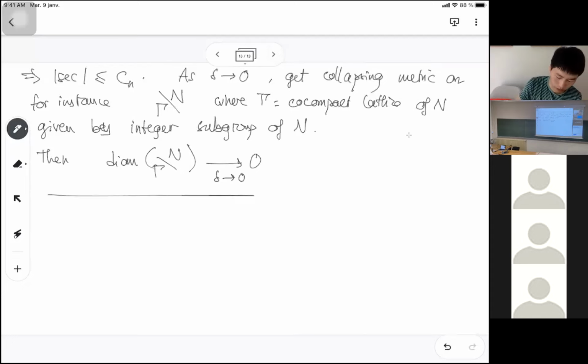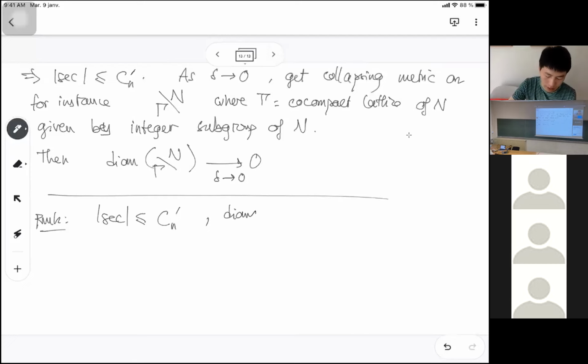So the sectional curvature is bounded by, say, a dimensional constant, and the diameter is going to 0. Such a manifold is called almost flat by Gromov.